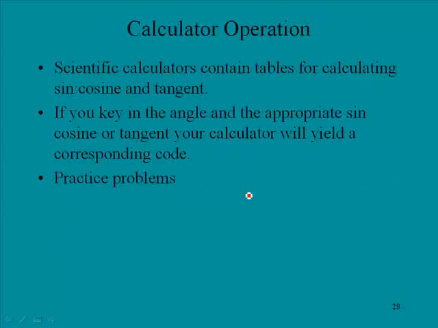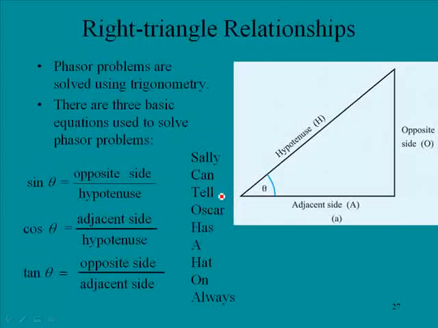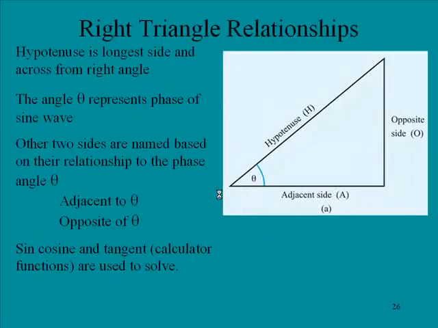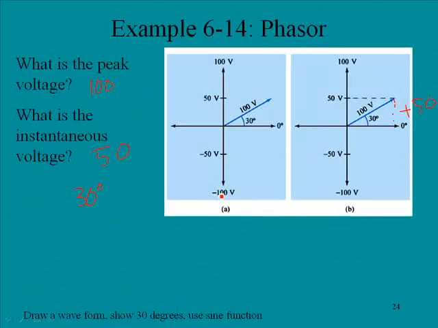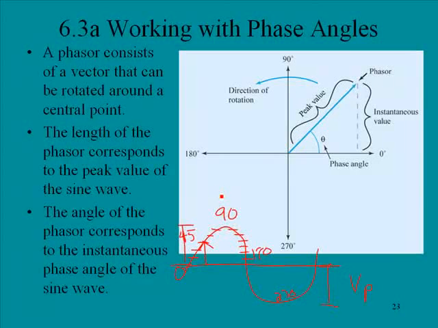We did some calculator problems. We looked at the sine, cosine, and tangent. We looked at a mnemonic to remember them. We looked at right triangle relationships. And we considered phasors. The subject is working with phase angles. In the next section, we'll be actually solving some problems with them.